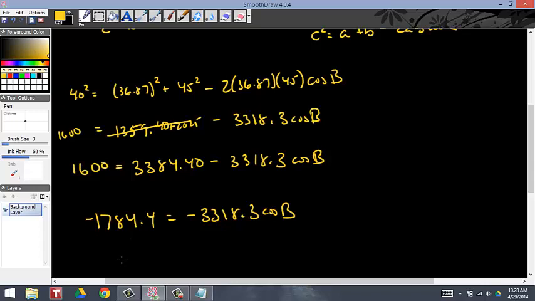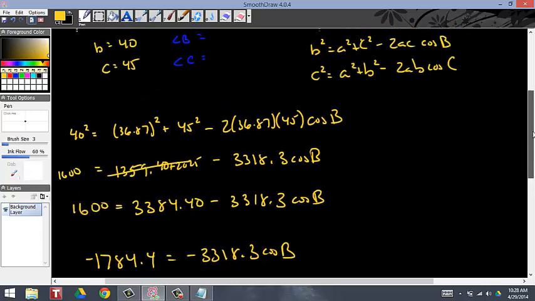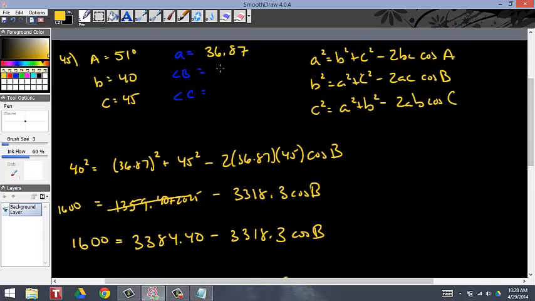You should end up with positive 0.5377, which is approximately equal to cosine b. From here, because you're solving for an angle, you take inverse cosine of both sides. So b, after all that work, is equal to 57.47.